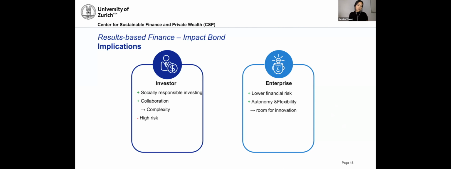After the enterprise receives the capital from the investor, the enterprise is quite free to choose how to achieve the results, and there's a lot of room for innovation. There's no dilution of ownership. And the fact that impact needs to be carefully measured and verified leads to accountability and transparency. However, at the same time, tracking and reporting on the results increases the administrative costs for the enterprise.